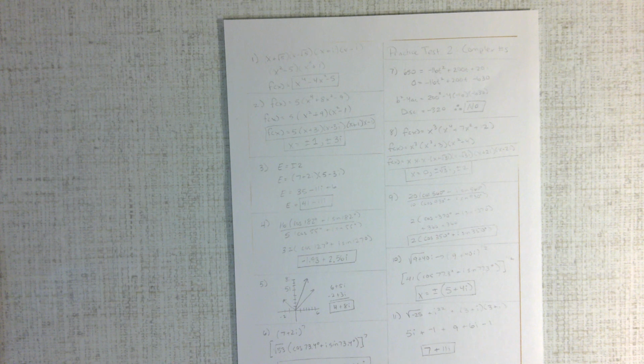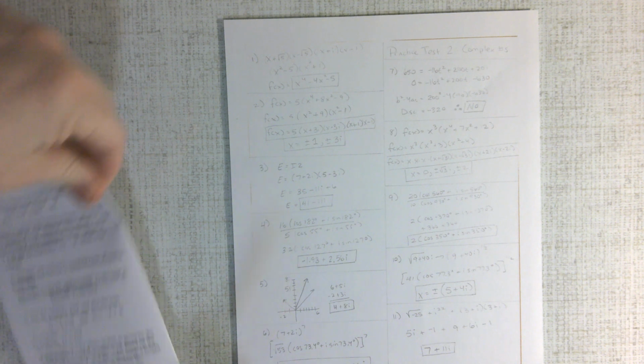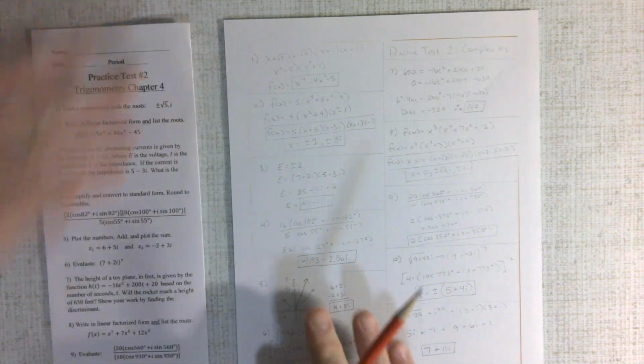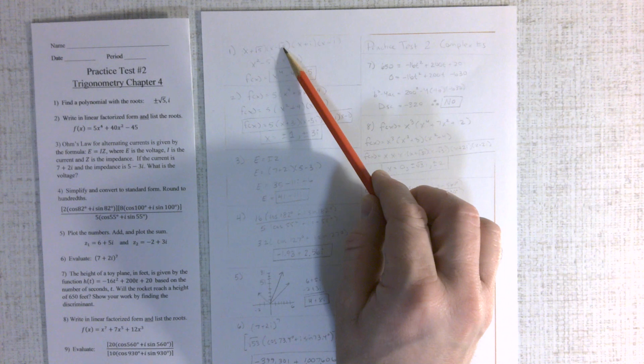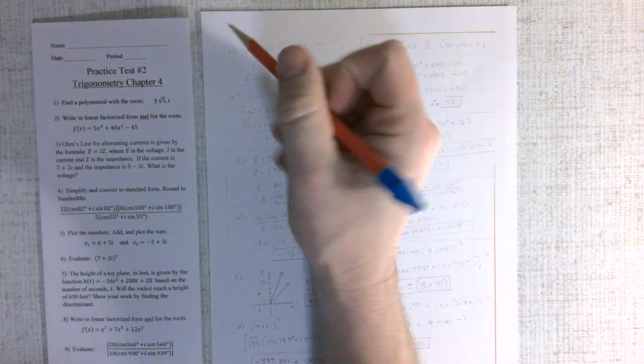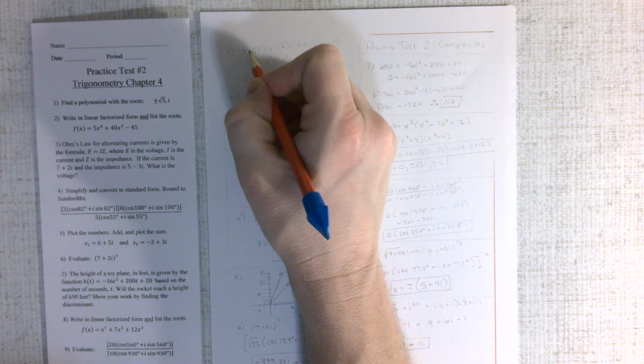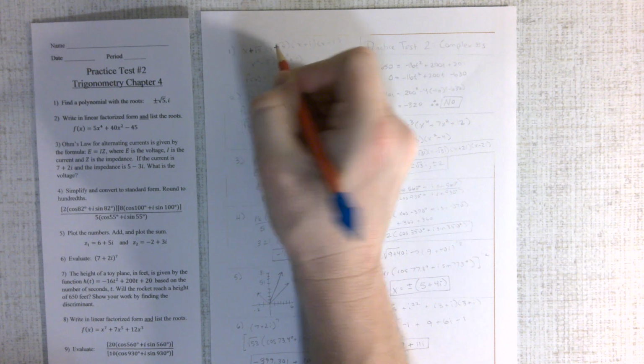Problem number 1 here. Our job is to find a polynomial with roots plus or minus root 5 and I. And you'll see what I did here is I put the root 5 and the root 5 here. One is plus the root, one is minus the root.